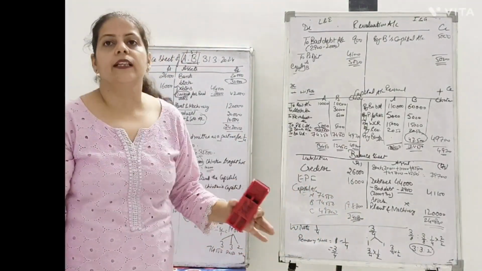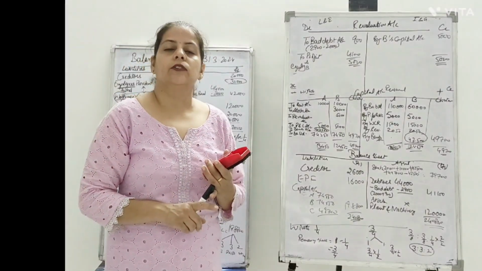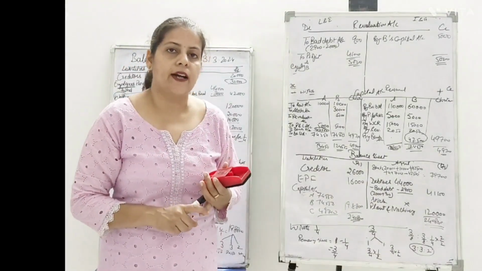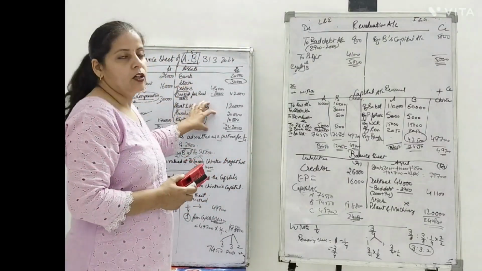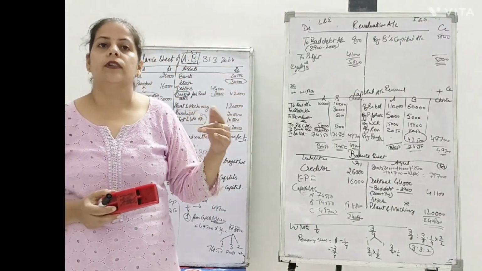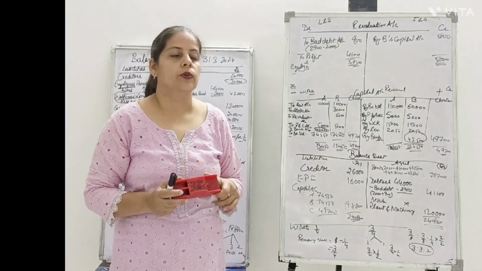Along with that, one more important point: premium for goodwill is always distributed in the sacrificing ratio, and whatever reserves and losses are in the balance sheet will go among all partners in their old profit sharing ratio.